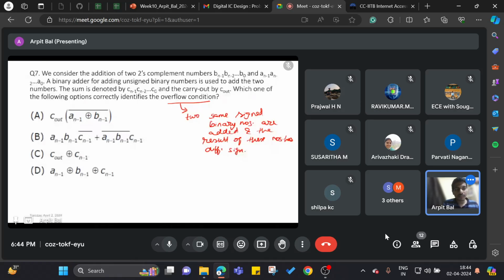It means from the carry out of one of the stages, one carry has been generated and it has somehow entered the MSB and altered the sign. Is everyone clear with the overflow condition?